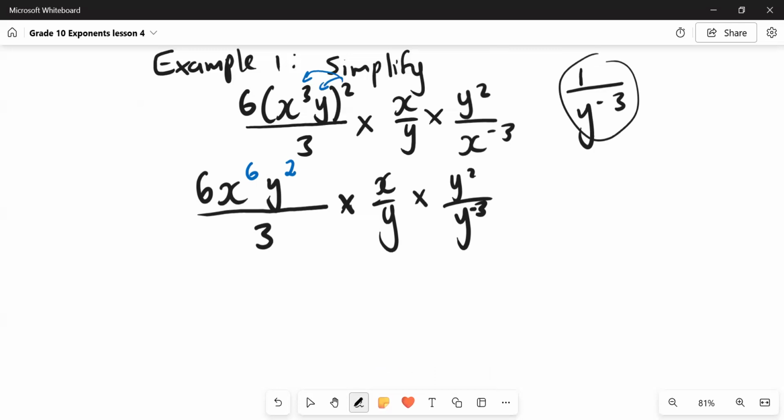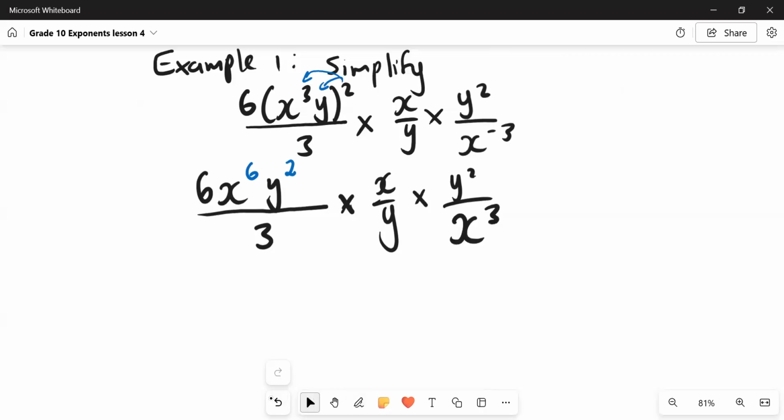So this is exactly y to the power of 3, right? So let's go back and apply that. This is x to the power negative 3, so this will be x to the power of 3.